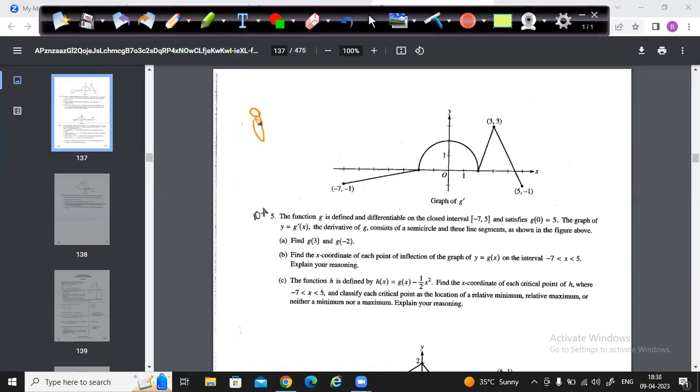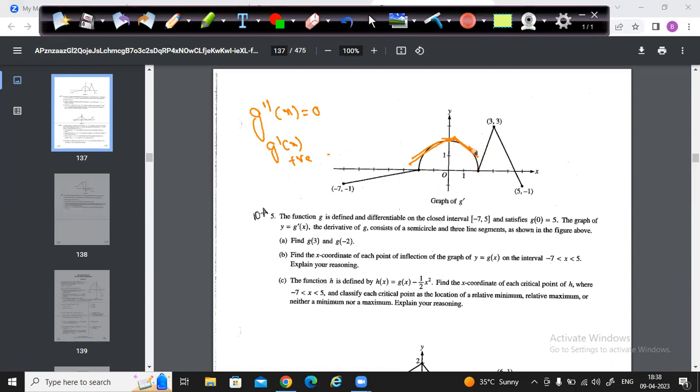So g double dash x should be 0. If you see this graph, g dash x is positive and negative. So g dash x changing from positive to negative means g double dash x is 0. We have one point of inflection here.